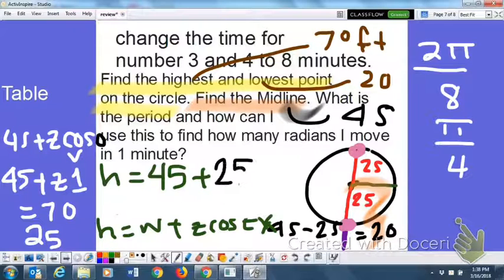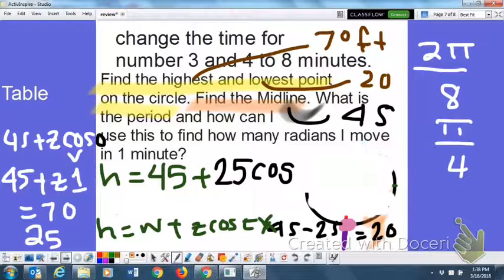So it's 25 cosine of, we have to figure out what t is. So we're trying to figure out where you are every single minute. How many radians do I rotate per minute? Pi over 4. So this is cosine pi over 4 x.